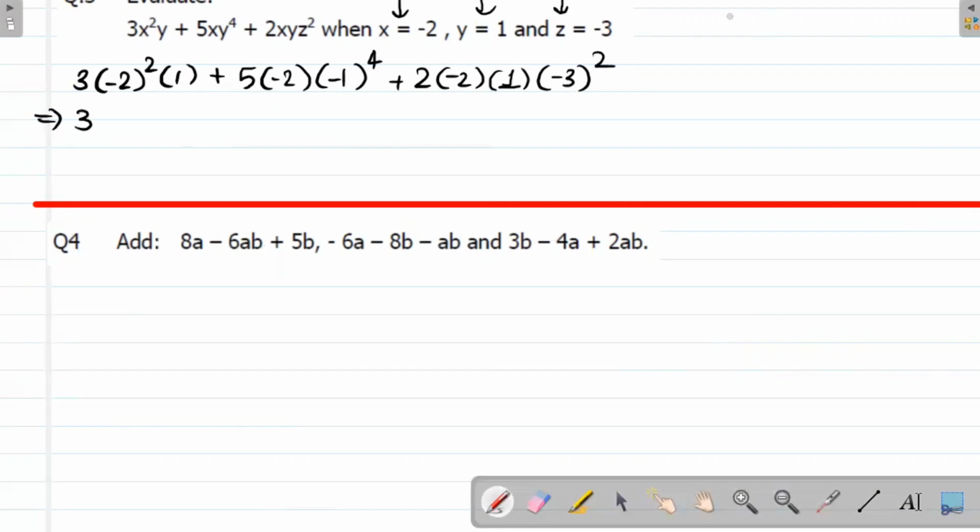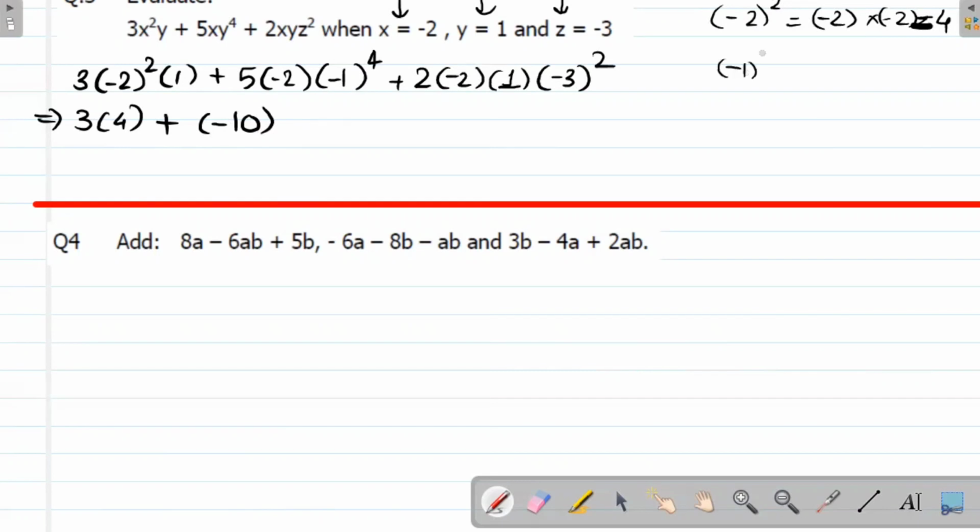3 minus 2 square, that is minus 2 square means what? Multiplying the number 2 times. So this minus will become plus, and 2 2s are 4. So always remember, whenever you are doing the square of negative number, it becomes positive, and 1 into anything is 1 only. So we will omit that step. Now 5 into 2, that is 10, but 1 is negative, 1 is positive, so it will become positive.